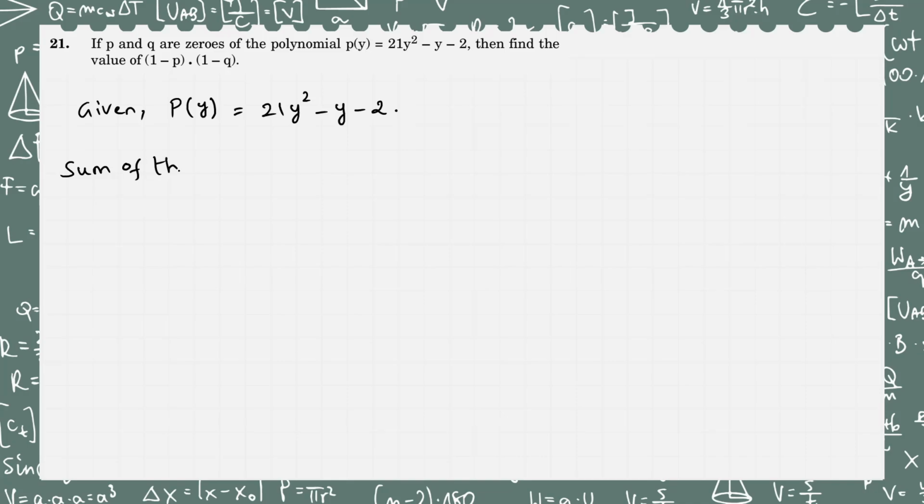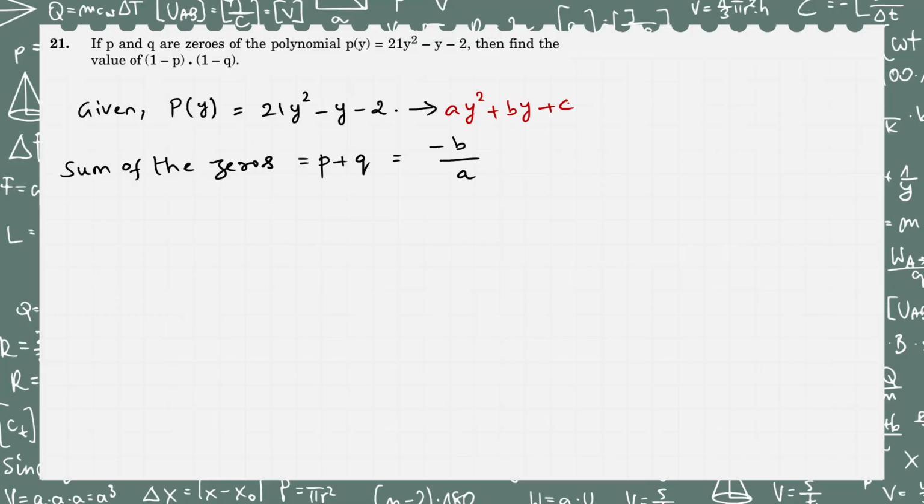Sum of the zeros equal to, given that p and q are the zeros, right? So sum of the zeros will be p plus q, that is going to be minus b by a. Now we need to compare the given polynomial with the standard form, which is a y square plus b y plus c, because the variable here is y.